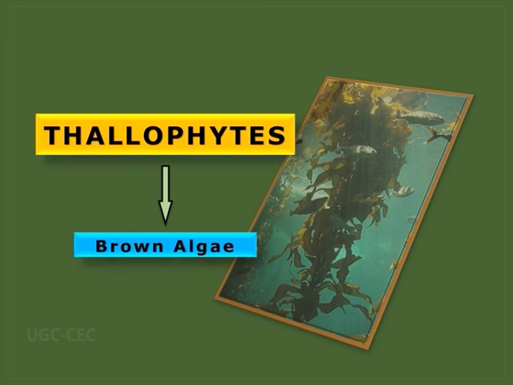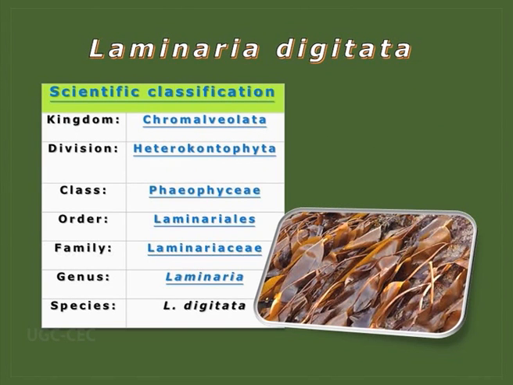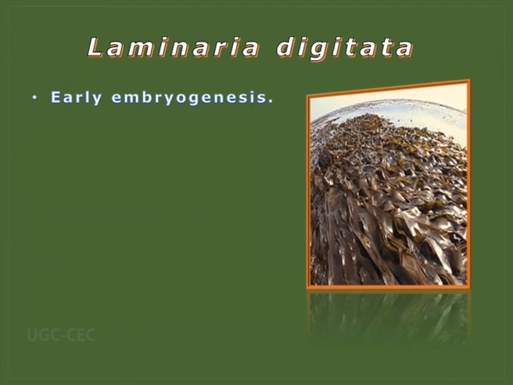And the next Thallophyta member is brown algae. Its example is Laminaria digitata, and it belongs to the family Laminariaceae and genus Laminaria, and the species is Laminaria digitata. And what are the properties that make it a model plant?